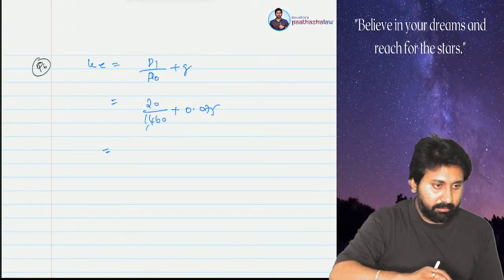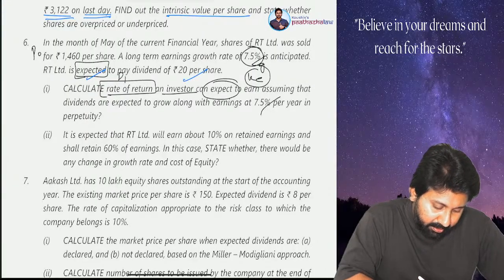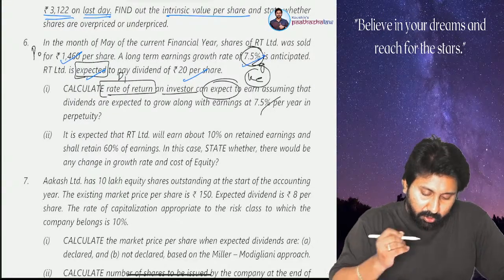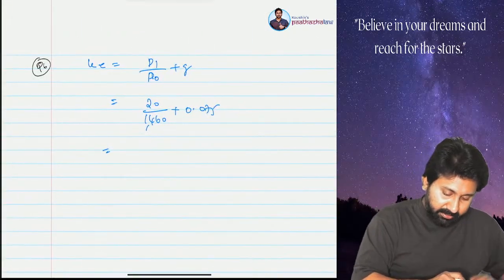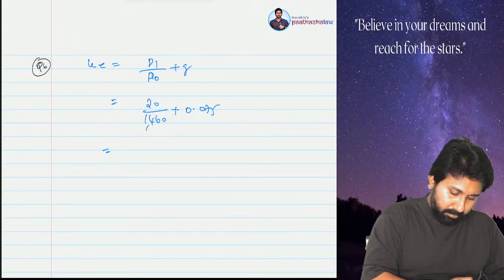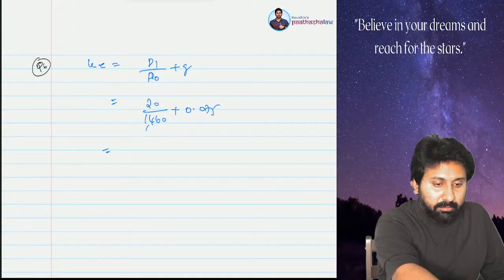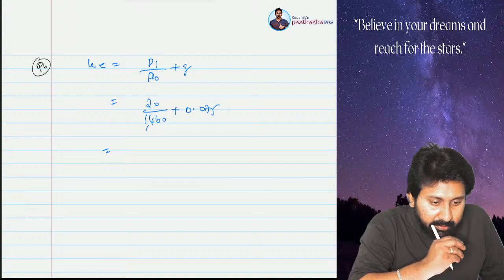Okay. See here. This is the expected dividend 20. Price 1460. Growth rate is 7.5%. Okay. Tell me. Tell the answer, everyone.